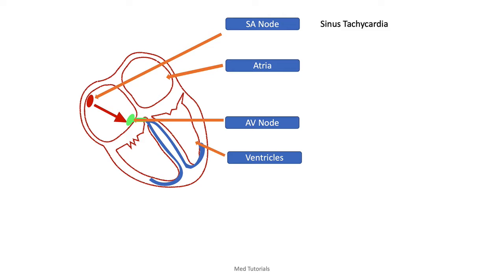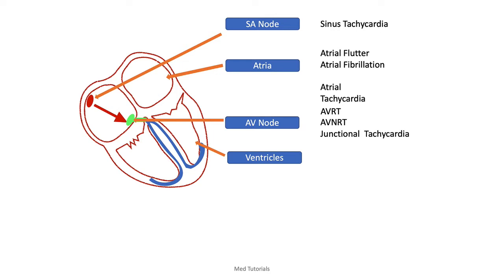If you look at the SA node, sinus tachycardia is the cause which arises from the SA node. From the atria, we have atrial flutter, atrial fibrillation, atrial tachycardia. We have few terms like AVRT, AVNRT, which are re-entry tachycardias, and we have junctional tachycardia taking place at the AV node.